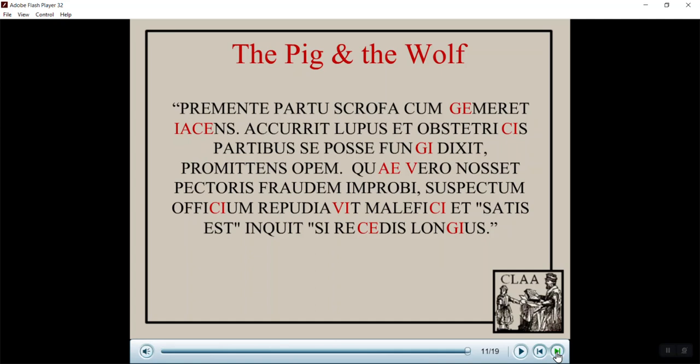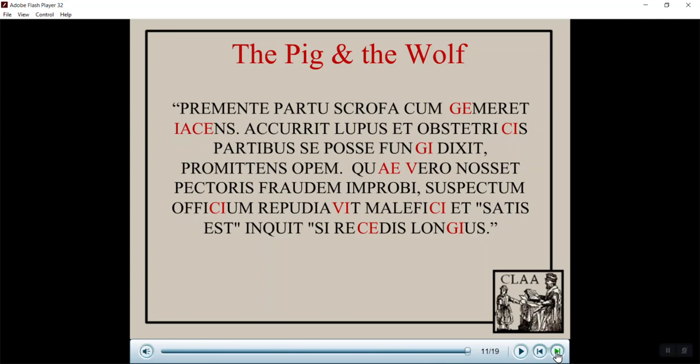Premente partu scrofa cum gemeret iacens. Accurrit lupus et obstetricis partibus se posse fungi dixit. Promittens opem.